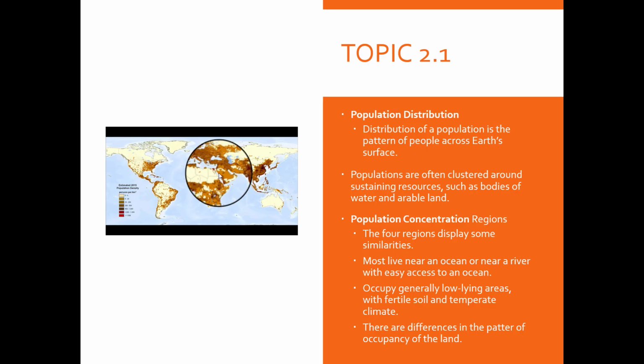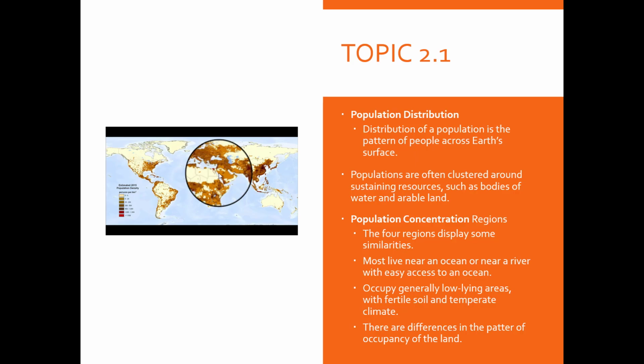Usually populations are clustered or concentrated near things that are sustainable, like water and farmable land. Arable means farmable. Okay, so for population concentration regions, there are usually 4 regions that display the same similarities. It's usually near some form of water or river or some kind of easy access to the ocean.